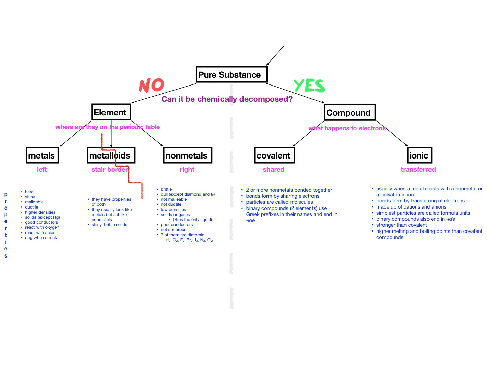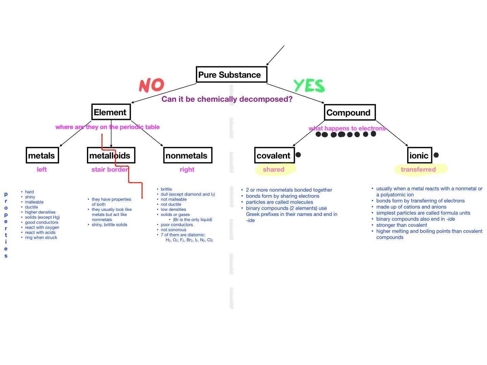So a compound can be either a covalent compound or an ionic compound, depending on what happens to its electrons. In a covalent compound, they are going to be shared between two different atoms, and in an ionic compound, they are going to be transferred from one to another.